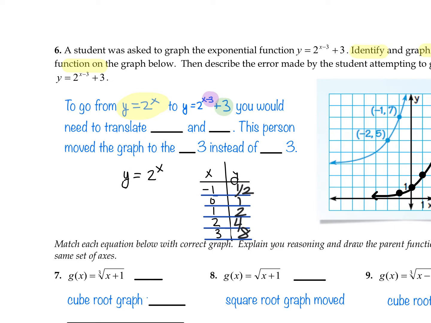So remember, this one here, the x minus 3, is happening directly to the x. So that means it's your right or left movement. So this would actually be to the right 3. And then the plus 3 on the outside, that is up 3.